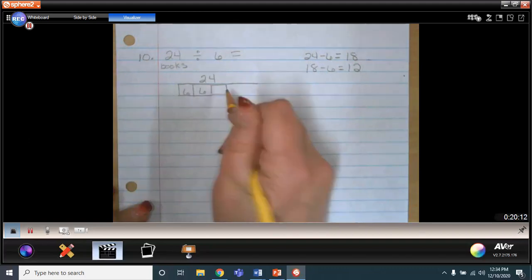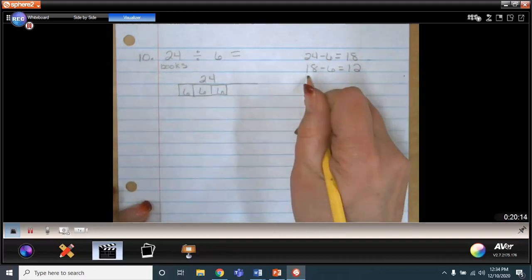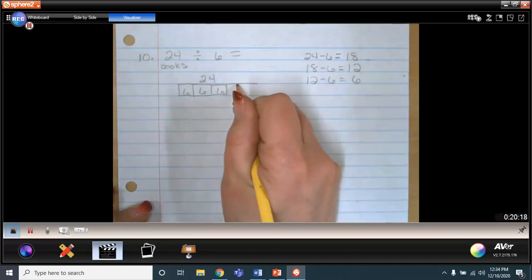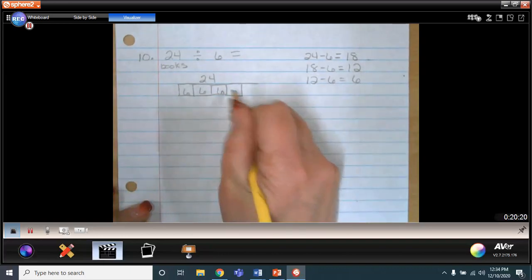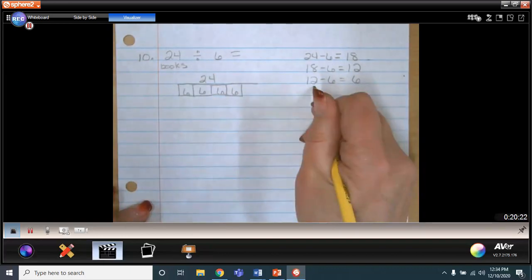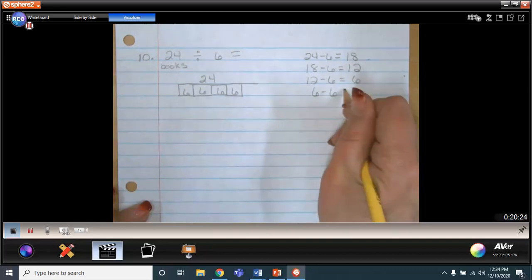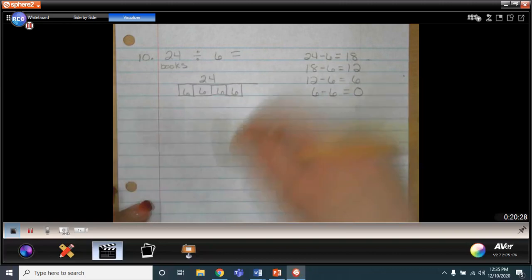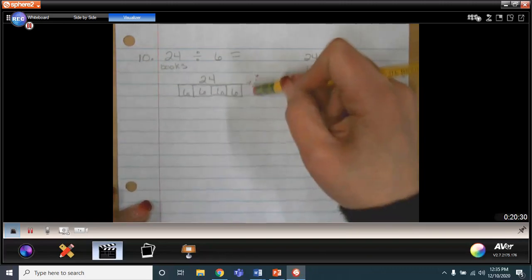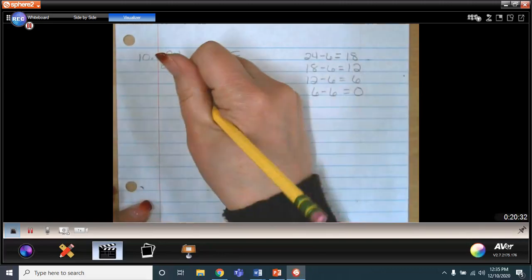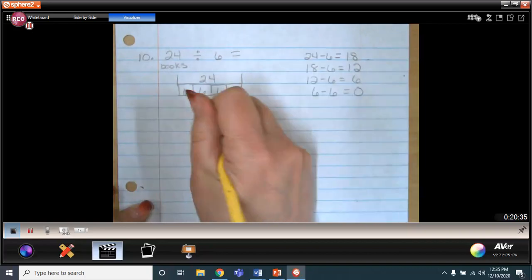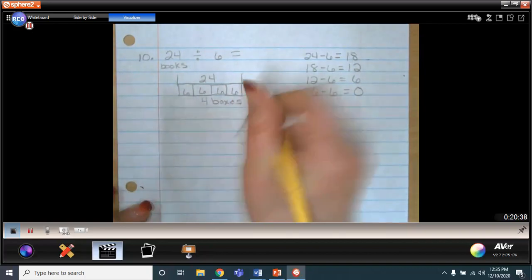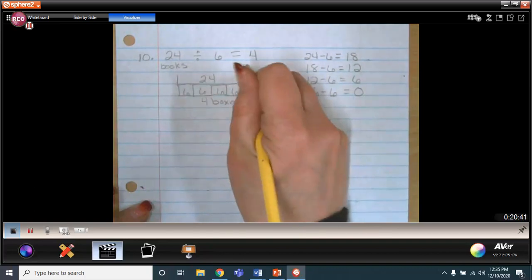Take away another group of 6. 12 minus 6 is going to be 6. And finally, I take another group of 6 and subtract 6 books more. And now I've put all my books into boxes. So now I don't need this extra piece of my line. And I have 4 boxes.